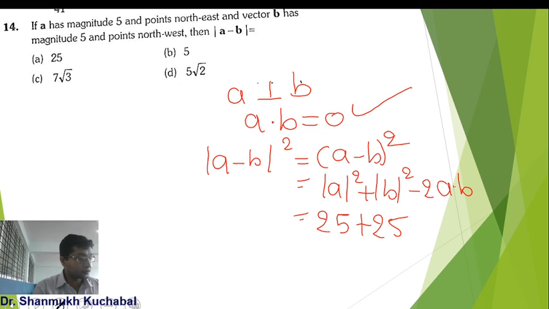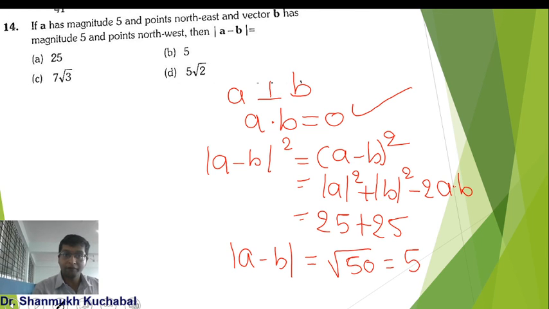So A minus B whole square is 50. Taking the square root, we get root 50, which on simplification is 5 root 2, since 25 into 2 is 50. Therefore option D is the right answer.